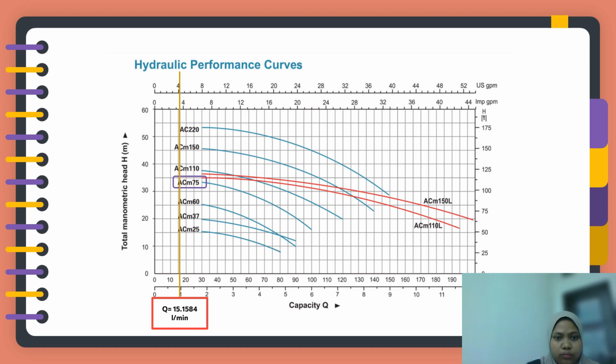After that, we draw the horizontal line that passes through the ACM75, this one. After we draw the horizontal line, we obtain the head pump from the flow rate that we calculated before, which is 34 meters. So this is how we find the head pump using this chart.